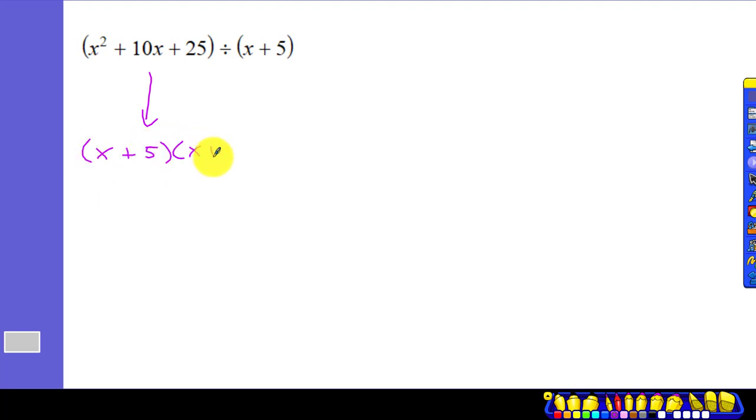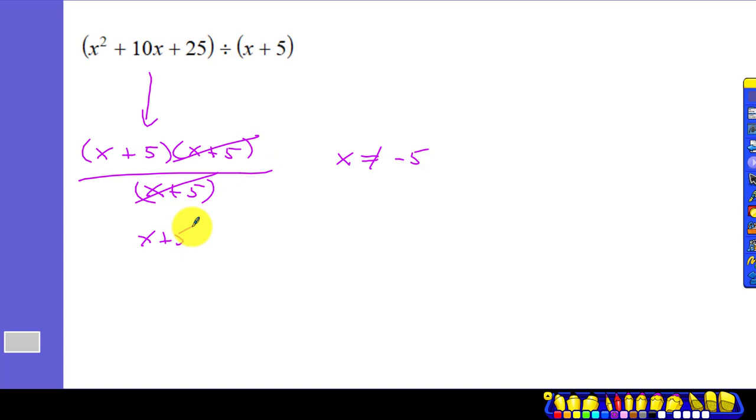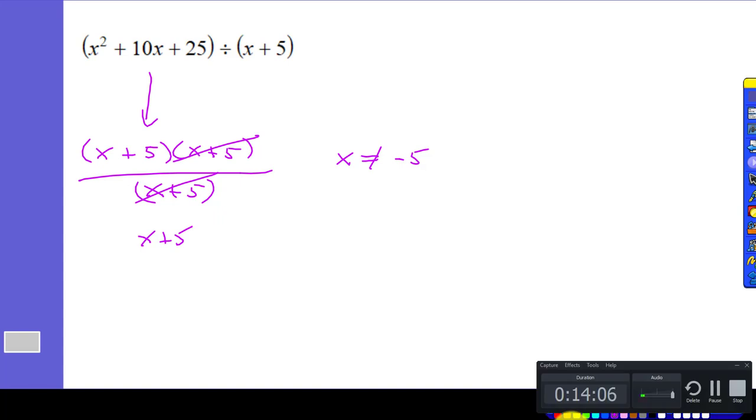Alright, x plus 5. Then divide by x plus 5. So again, you will see an information x should not be equal to negative 5. Okay. So we can just cancel this one out and then say x plus 5 will be our answer. Alright? So there we go. That's your division of polynomial with a binomial.